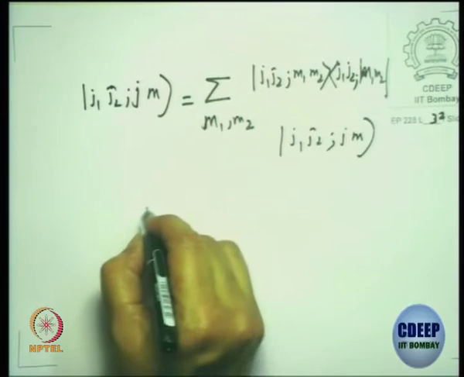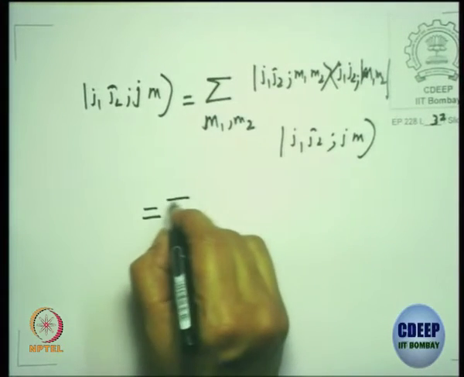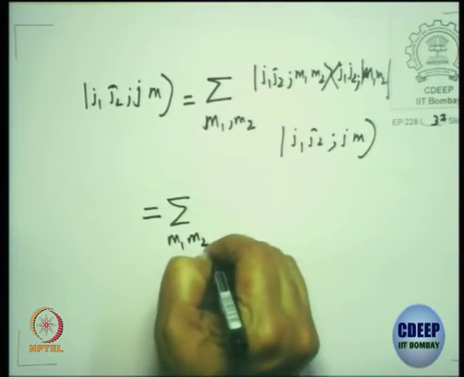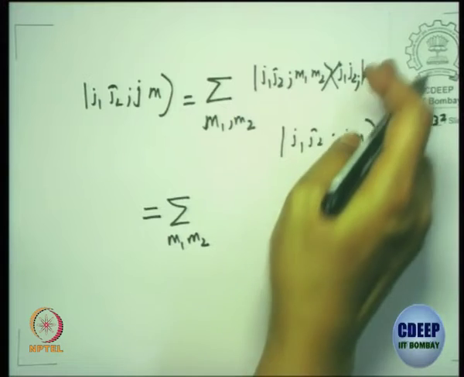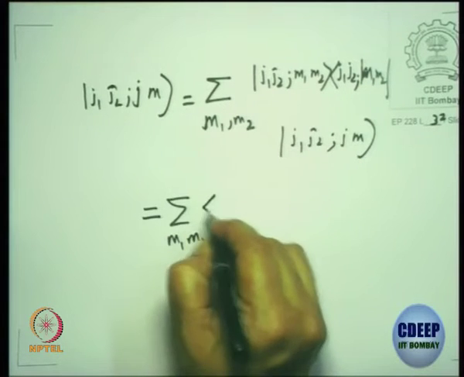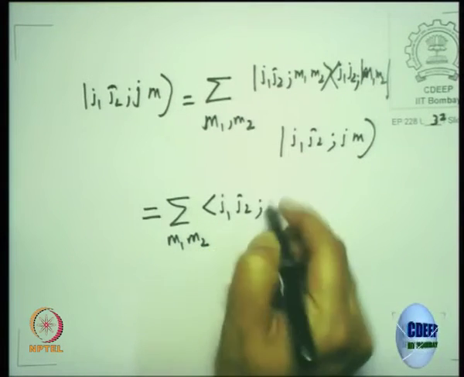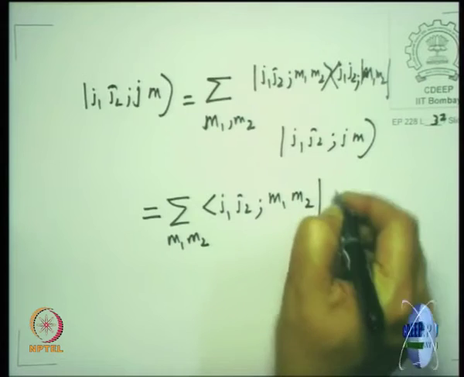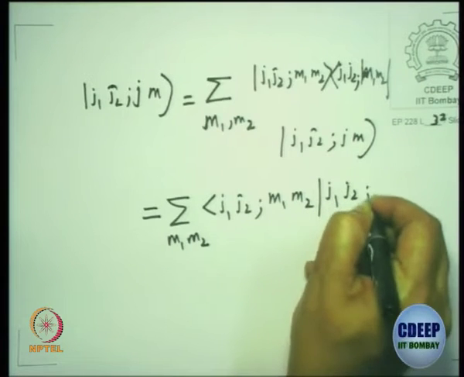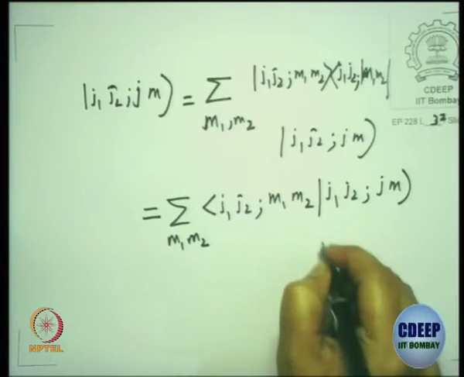So this can be rewritten as summation over M1, M2. You can take this inner product and write.